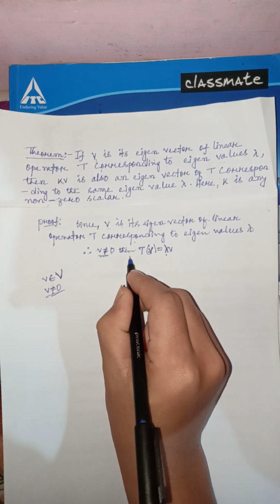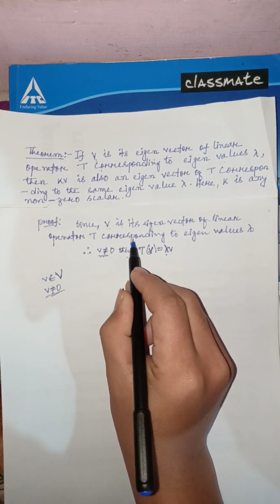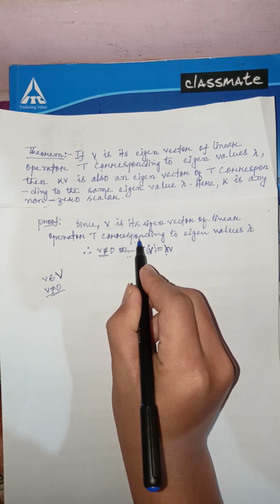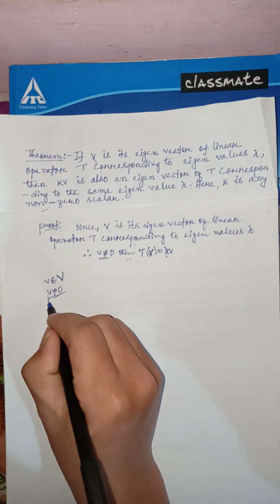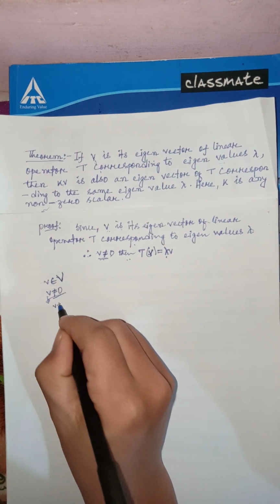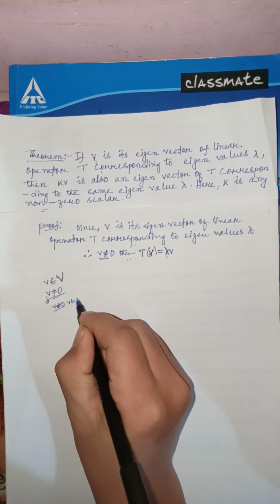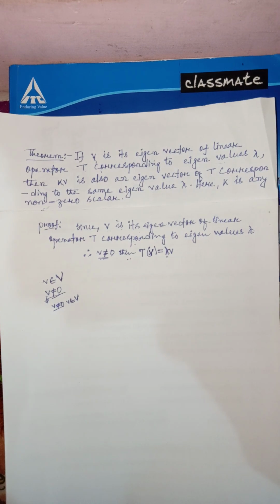So this is the statement, the equation, which we can write from these words. In order to be an eigenvector, it should not be equal to 0 and it should belong to the vector space, right?